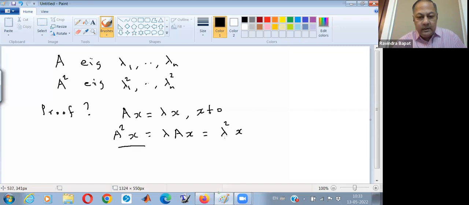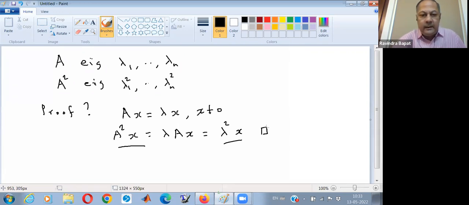So from this equation, lambda squared is an eigenvalue of A squared, and they claim that the proof is complete. But if you look at it carefully, the proof is not complete. There's a gap in this proof because we have not talked about the multiplicity. That means we have not talked about the converse.